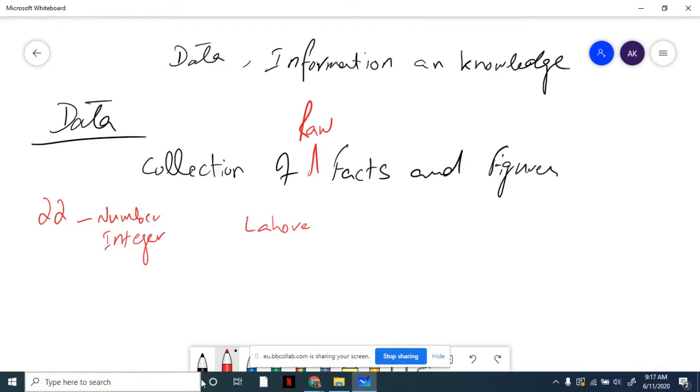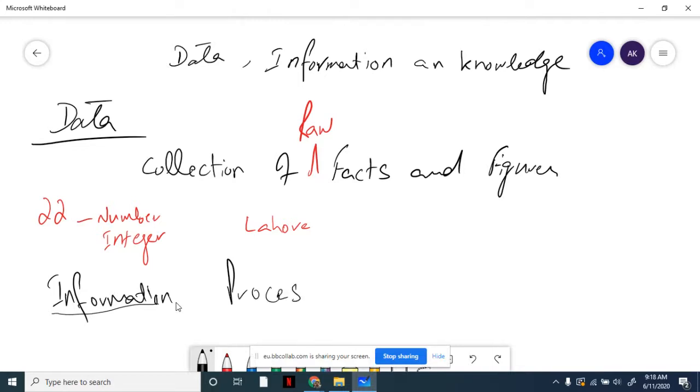When we talk about information, information means processed form of data.